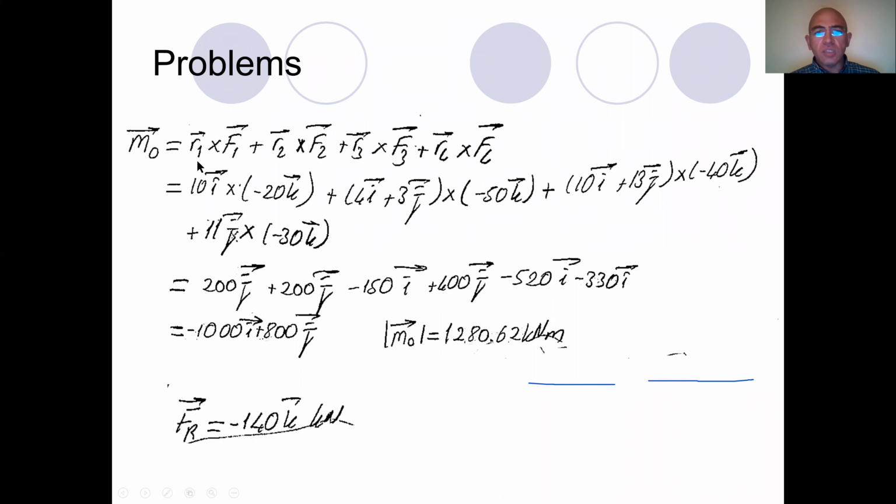Now we will calculate the moment with respect to the origin. Of course, it is R1 vector product F1, R2 vector product F2, R3 vector product F3, and R4 vector product F4. Now 10i multiplied with minus 20k.